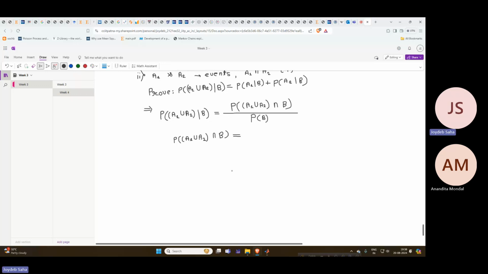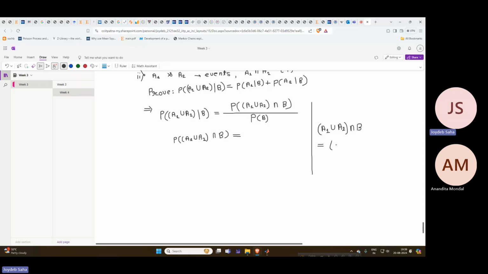Okay, so before it, let us do some rough work. A1 union A2 intersection B. What is this?